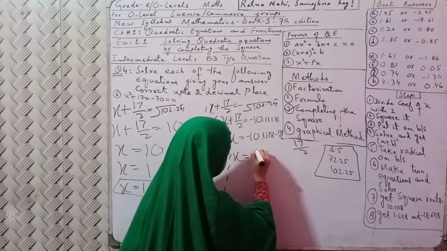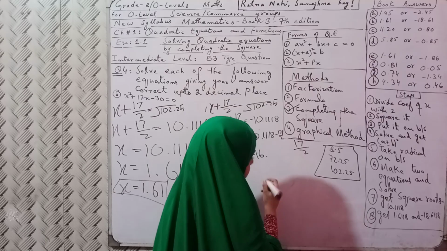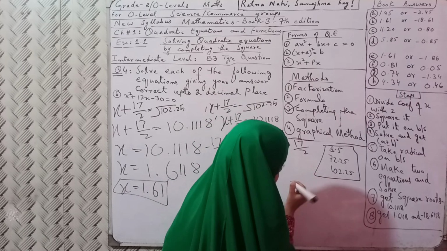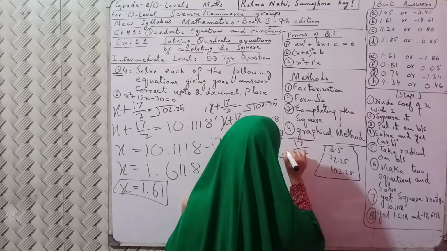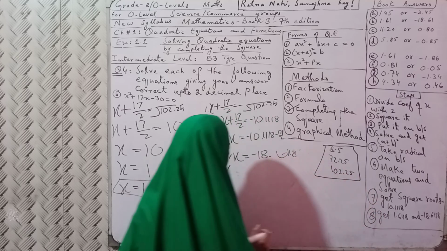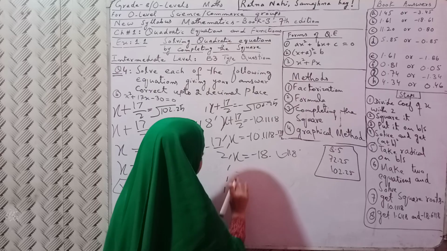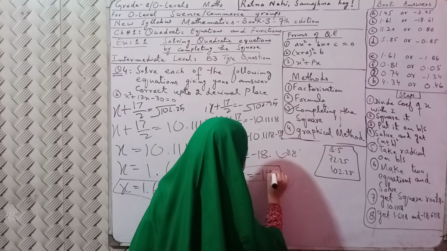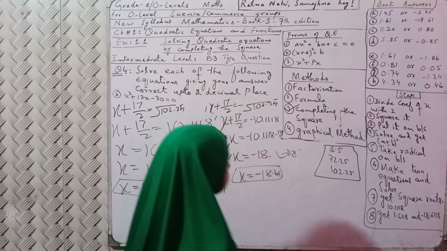So minus 18.6118. Yes, and the second root is x is equal to minus 18.61.